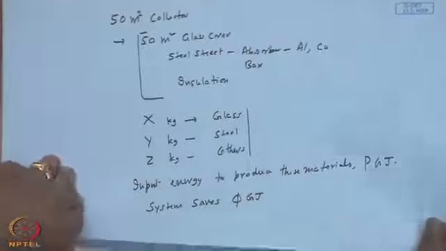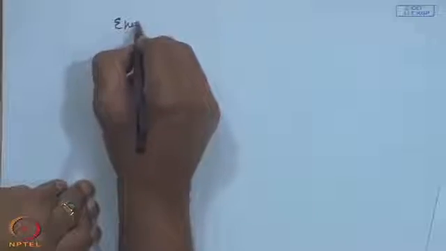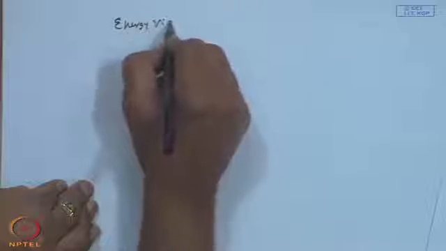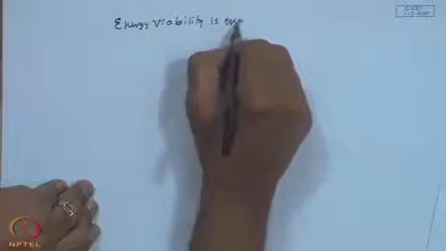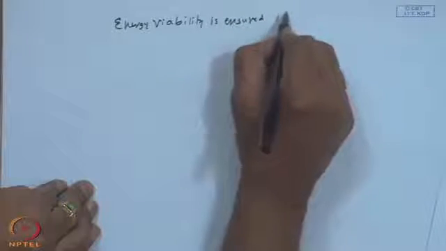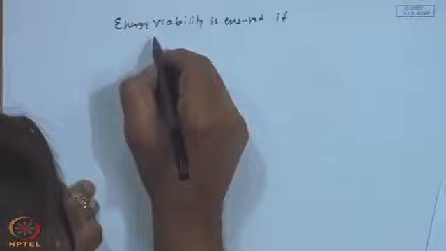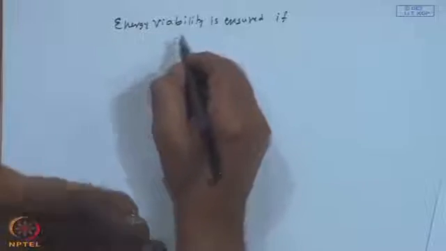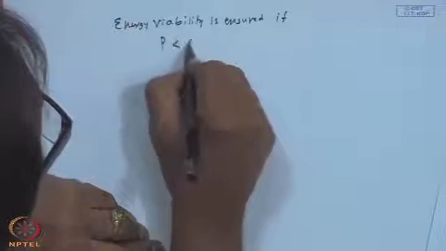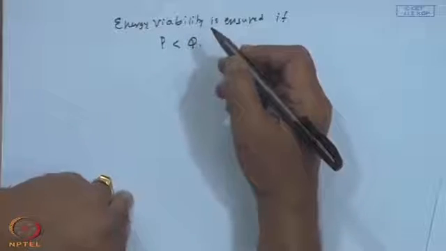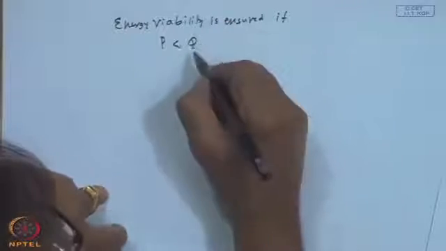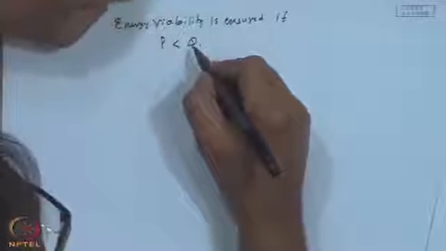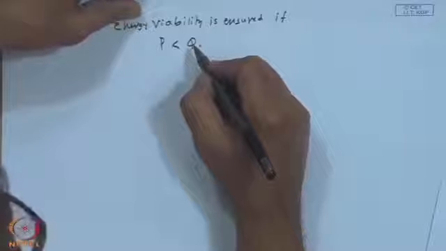Energy viability is ensured if your P is less than Q. The energy that has gone into making the system should be less than the energy that it has saved during the lifetime.